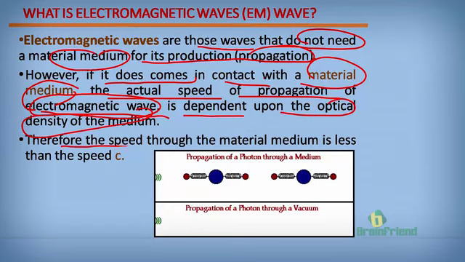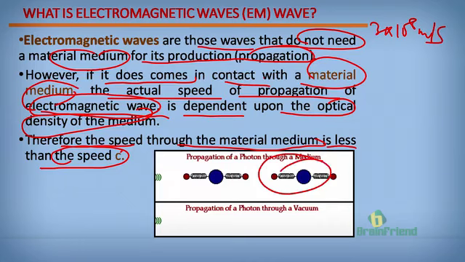Therefore, the speed through the material medium is less than the speed C. Initially, we know that all electromagnetic waves travel with the speed of light with the symbol C as 3 times 10 raised to the power 8 meters per second. Now, when it comes in contact with a medium, it now travels with a speed less compared to what? 3 times 10 raised to the power 8 meters per second.